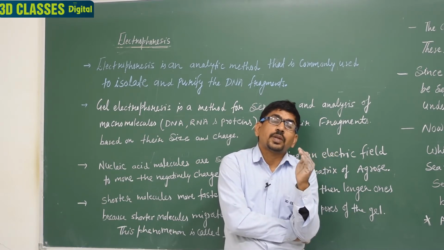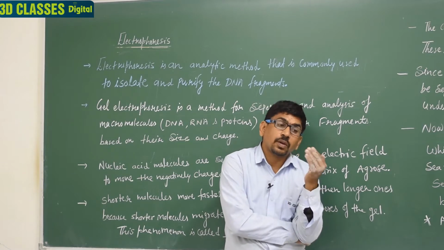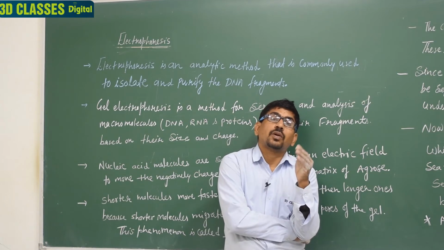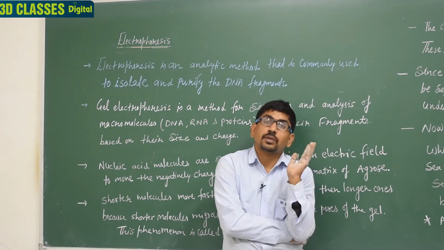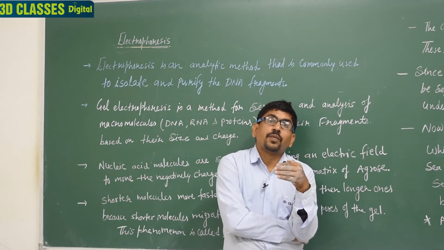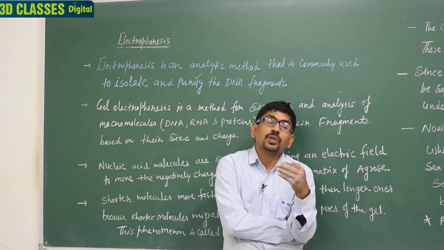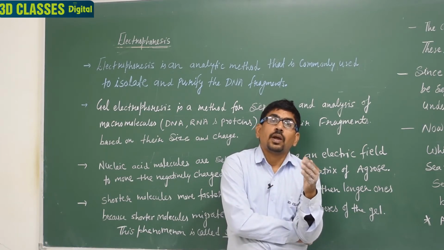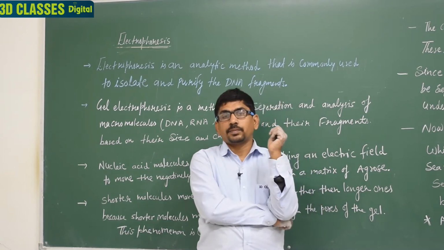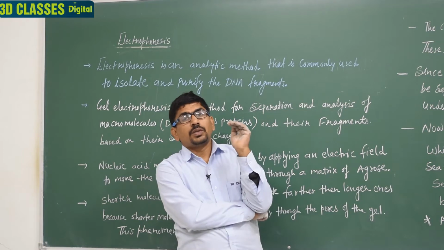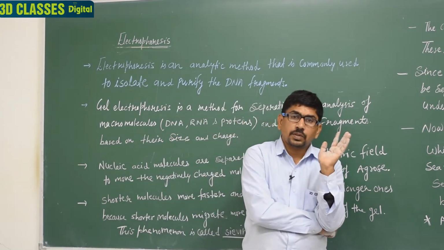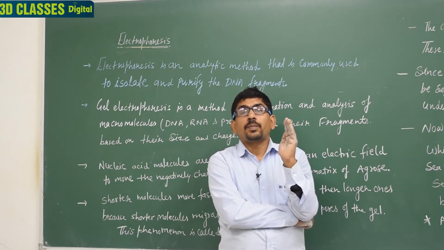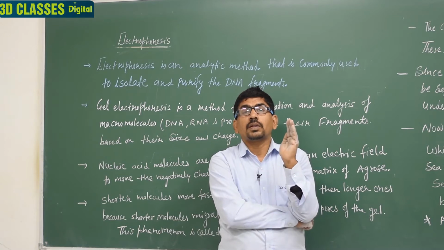Due to the presence of different nucleotides and different phosphate groups, the charge of these DNA segments differs, and with the help of an electric field we forcefully move the DNA from cathode to anode, and these segments are separated. Clear? So it is known as gel electrophoresis. Clear? Only DNA is separated on the basis of its size.